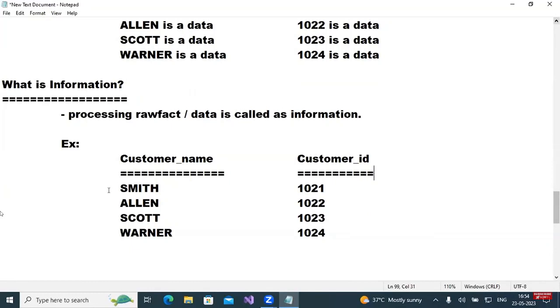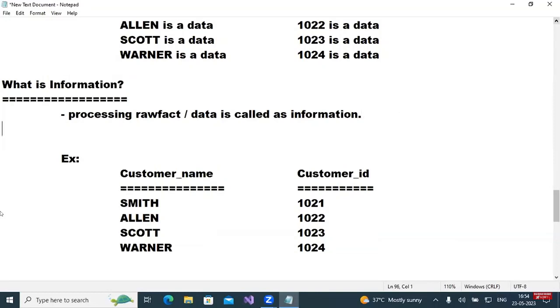So now Smith has some meaning, and 1021 also has some meaning. This meaningful data is called information. So information always provides meaningful statements. This is the difference between data and information.